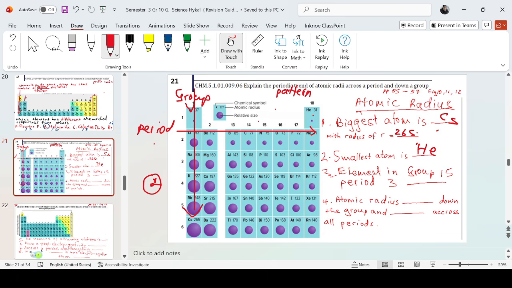This is 14, 15. Period 1, 2, 3. This one. What is the name there? Let me zoom in. P, phosphorus.